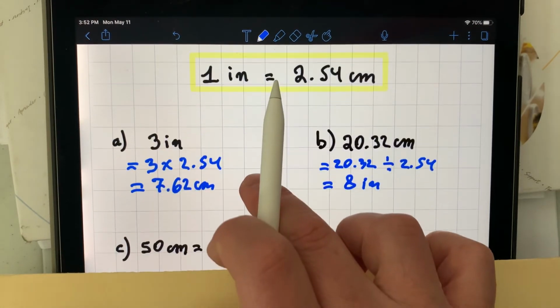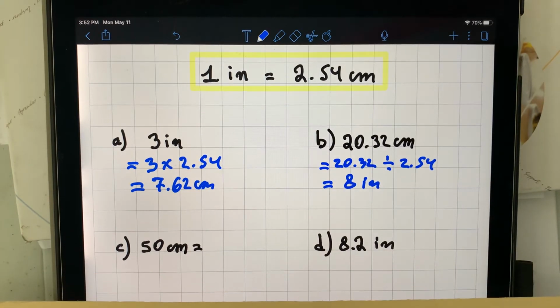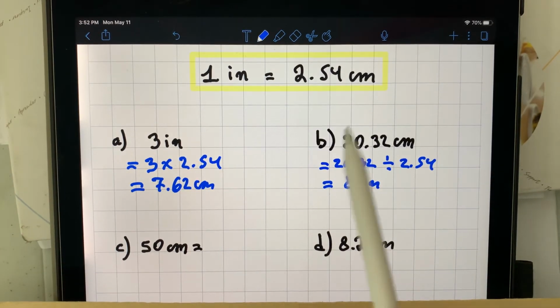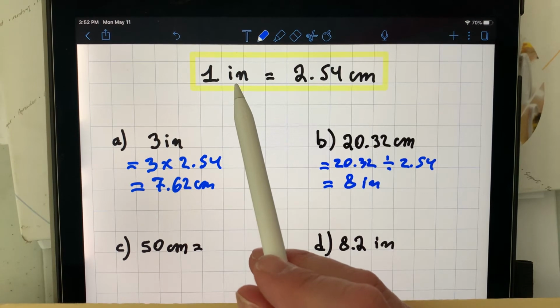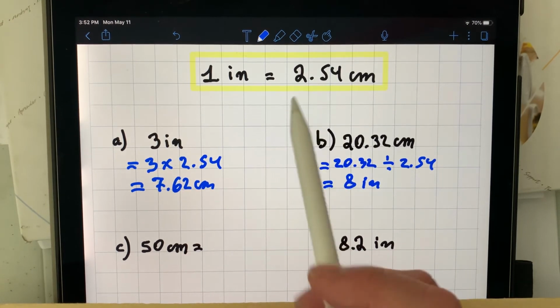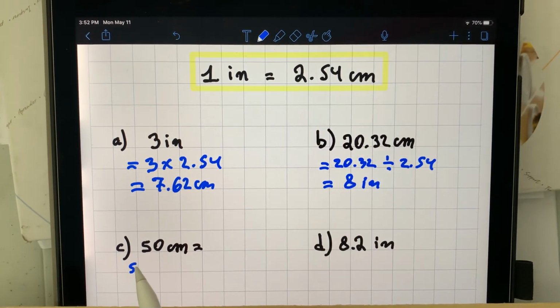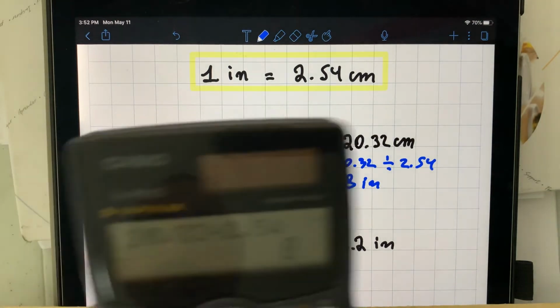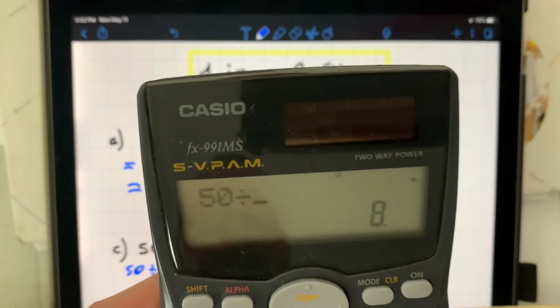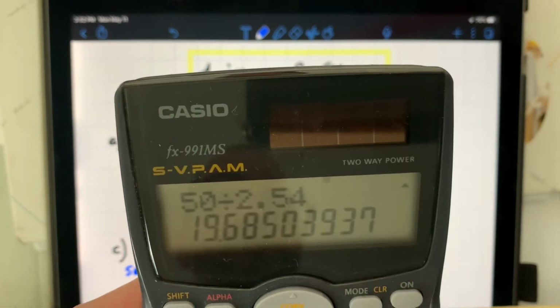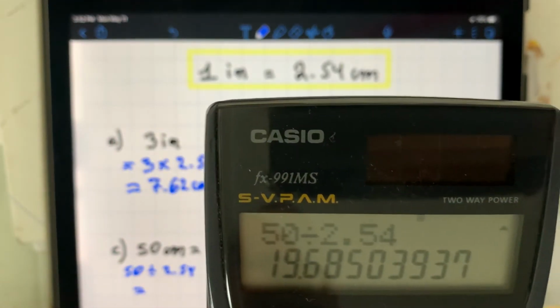And so far the numbers have worked out kind of nicely. Let's try this: 50 centimeters. So from centimeters going to inches, again, I'm going from big to small, so I'm going to divide. I'm going to say 50 divided by 2.54, and 50 divided by 2.54 is equal to, okay, I have a large number of decimals.